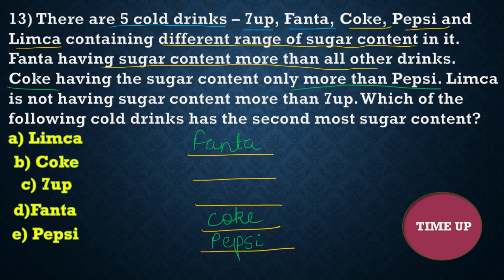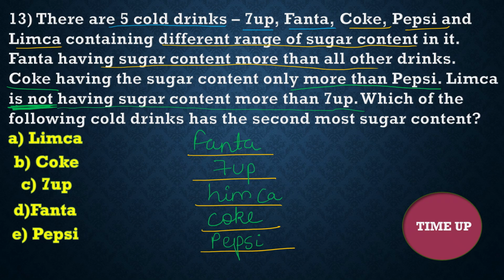Next one. Limca is not having sugar content more than 7 Up. They have given "not having". Read the question very properly. Limca is not having the sugar content more than 7 Up. So that means Limca will come here and your 7 Up will come here.